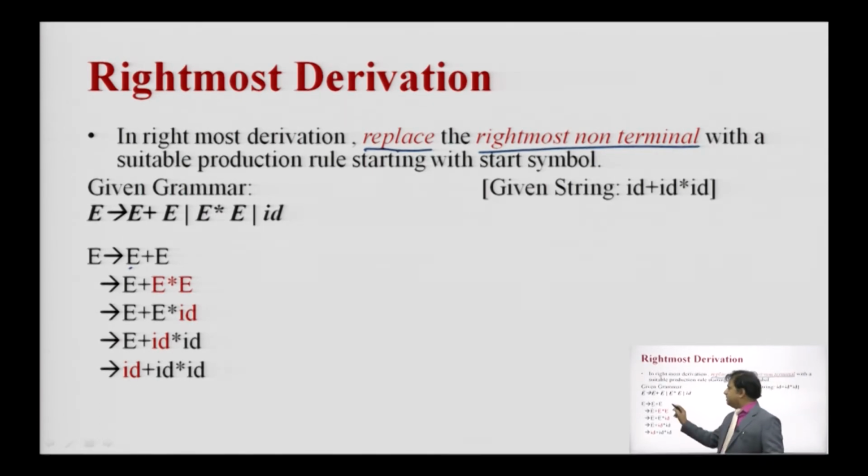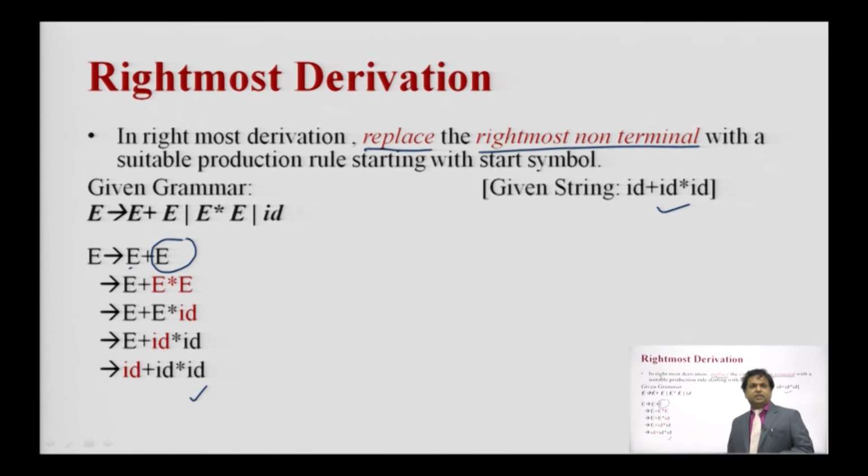Rightmost non-terminal means, suppose I am having the same grammar again, that is E derives E plus E, E multiply E, and E derives ID, and the given string is ID plus ID multiplied by ID. So my objective is, again by using this grammar I have to reach this sentence, but the condition is that this time I will use the rightmost non-terminal.